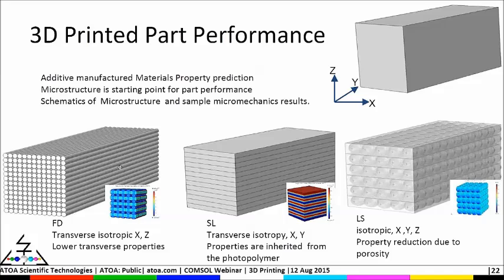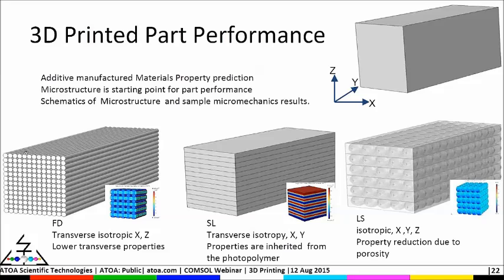The bottom left is the microstructure of the fused deposition modeling process. In fused deposition modeling, the product is built using extruded polymer strands, and this is built layer by layer. So you will expect a microstructure as shown in this cartoon.